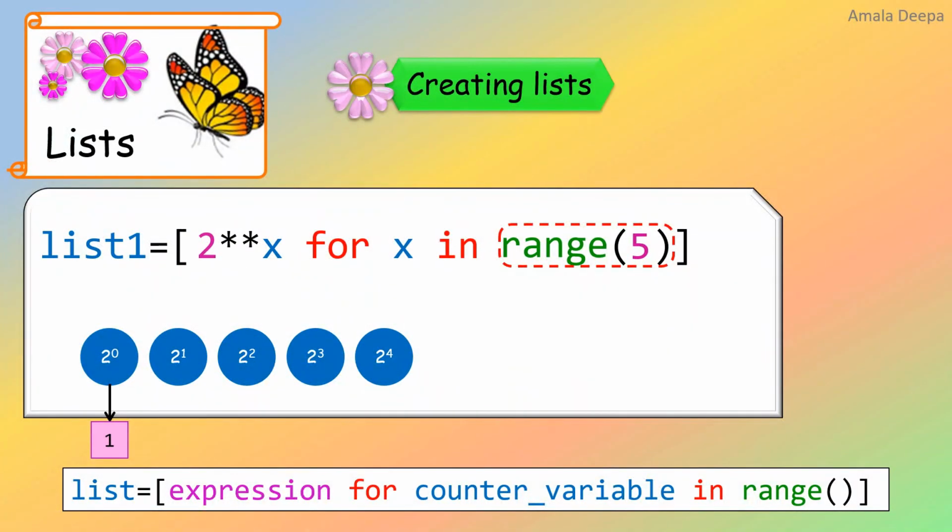Any number raised to the power 0 is 1. 2 power 1 is 2. 2 power 2 is 4. 2 power 3 is 8, 2 into 2 into 2, 8. 2 power 4 is 16.